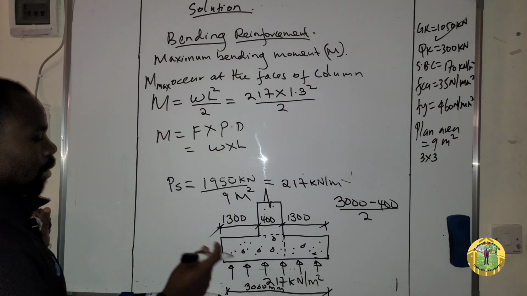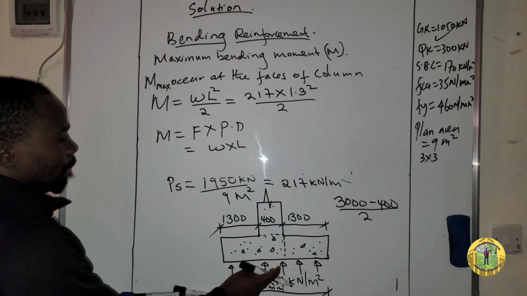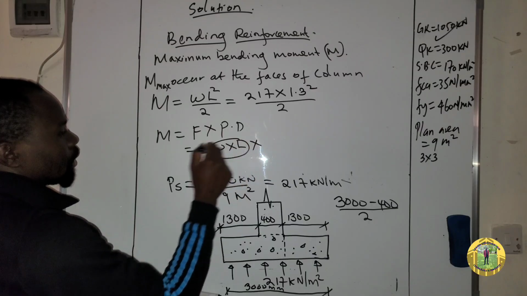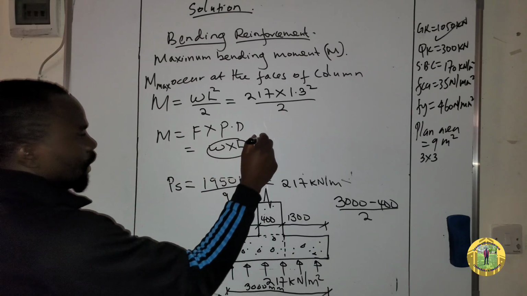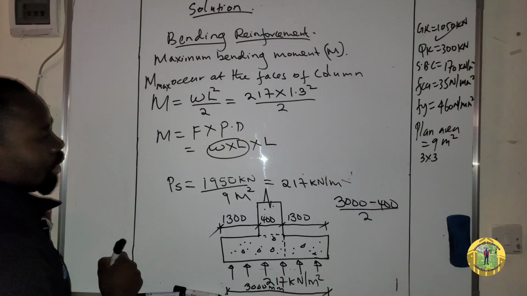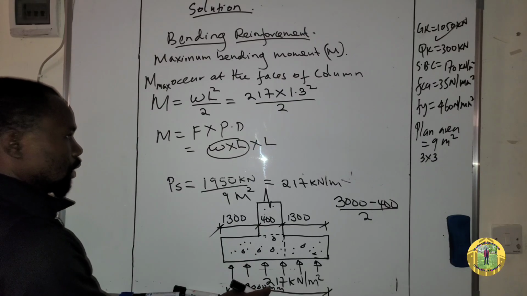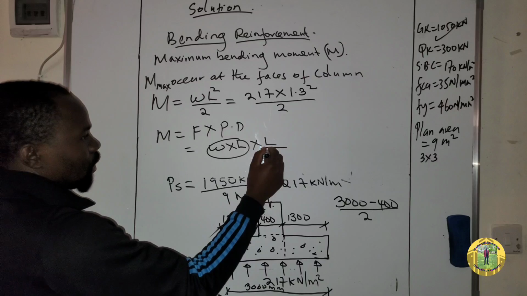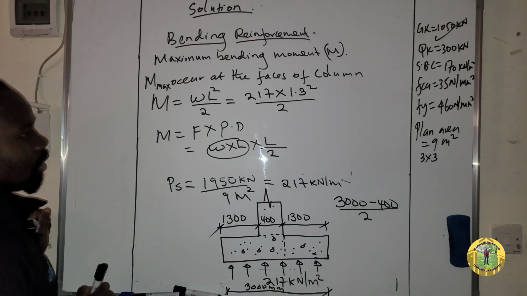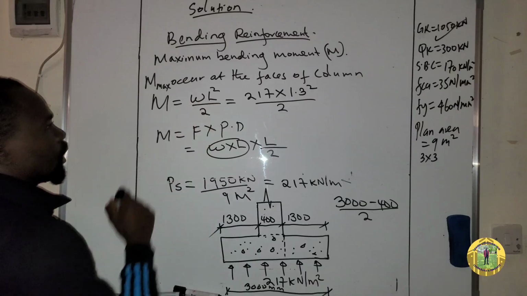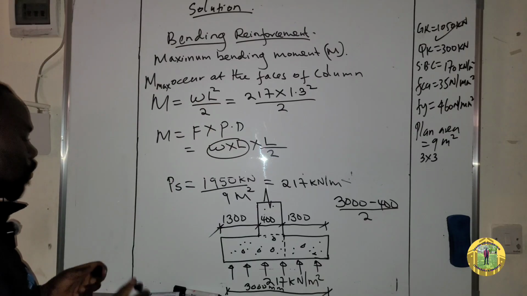Then the moment will be this times length L again, and the moment for a UDL acts at the center of that length. So WL times L over 2, you'll get WL squared over 2.